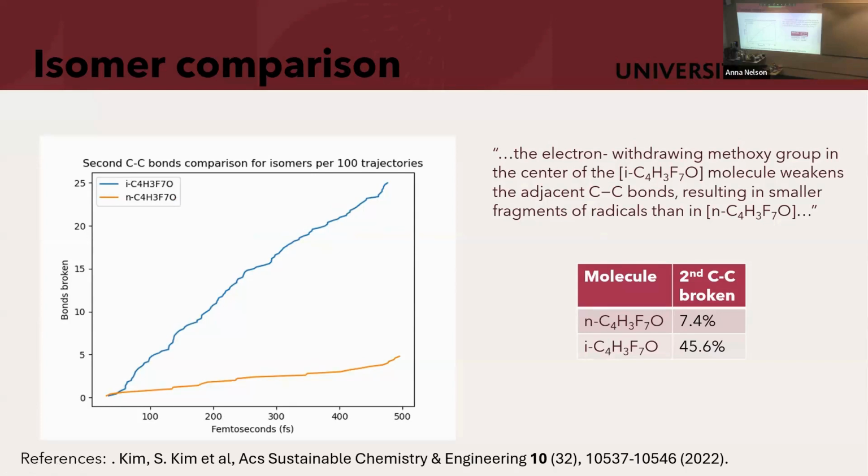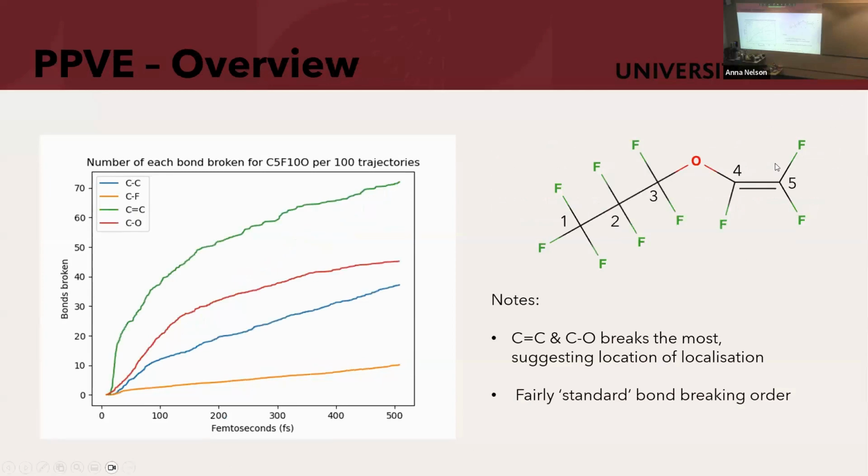So it introduced another sort of aspect, another function to the molecule, that is this double bond. We see yet again another slight change in behavior, which is that the double bond is actually the first to break and also the most common break. And then we have what's becoming a standard pattern of CO, CC, and then the strong CF bonds at the end.